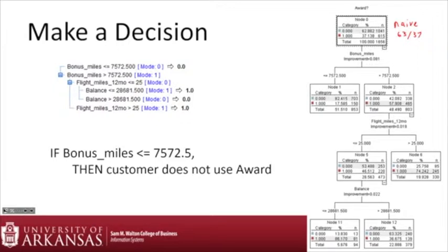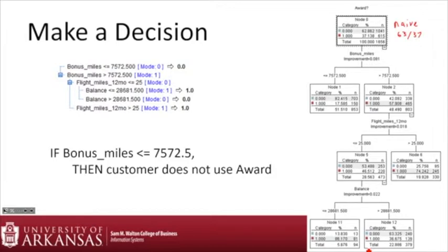For this one I actually used all the records to make life easier. When we actually split this and partition it, you'll see this for multiple things, whether it's the training or the validation data set. So instead of a 50-50, now we're looking at 63% of our people don't use our flight miles and 37% do.